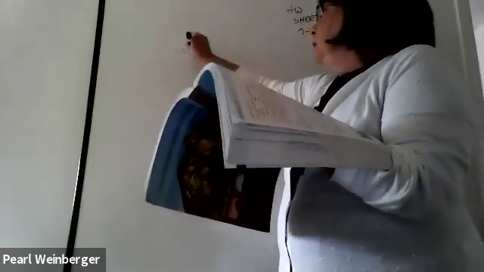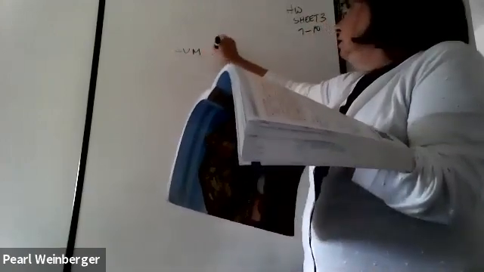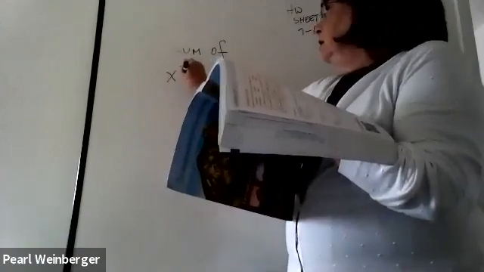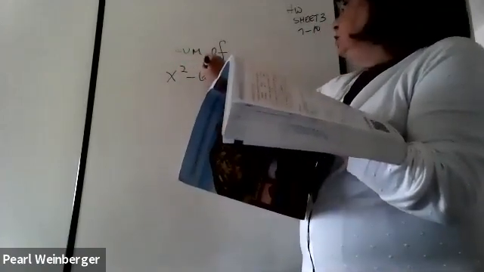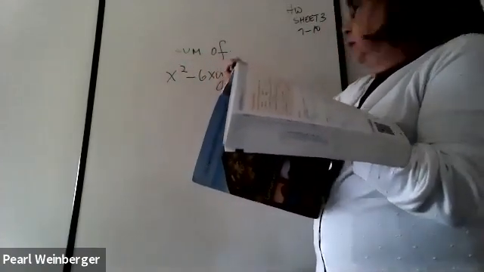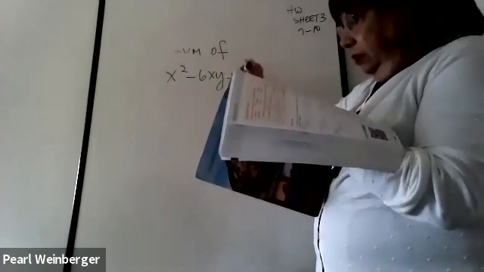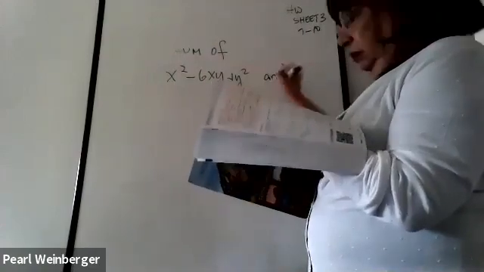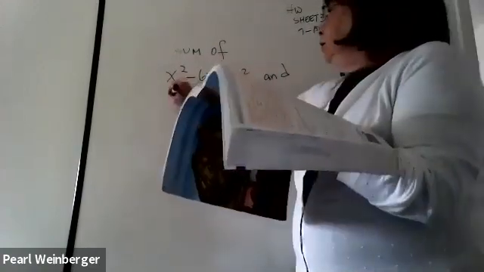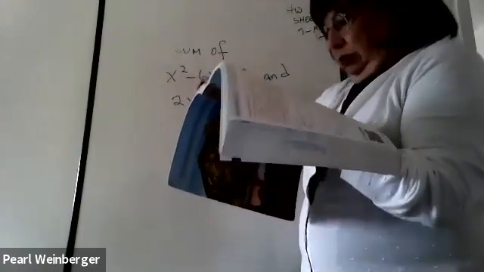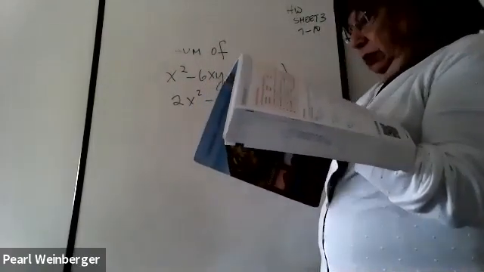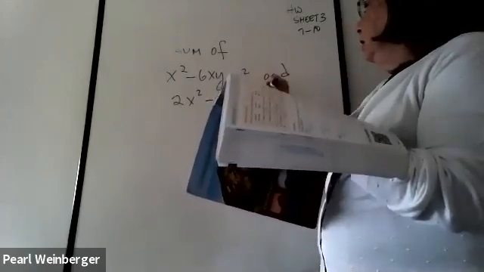Let's say find the sum of x squared minus 6xy plus y squared and 2x squared minus 6xy minus y squared.